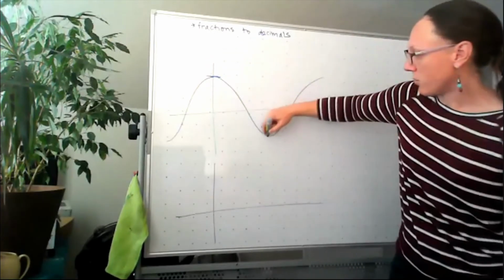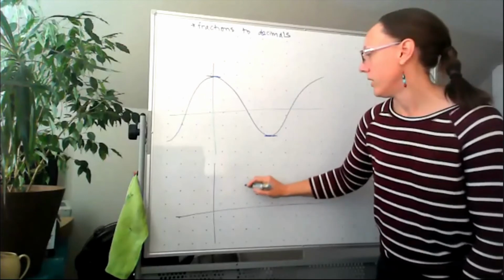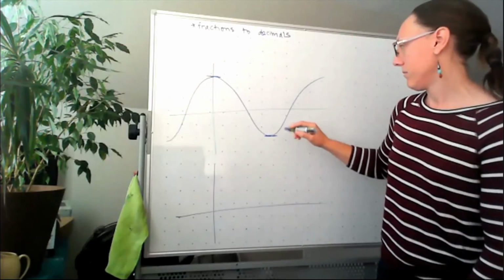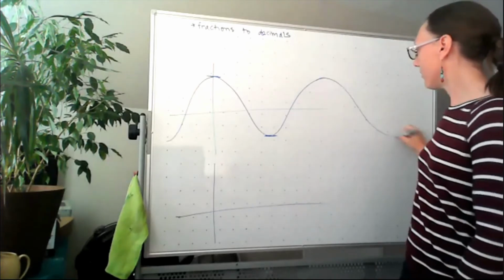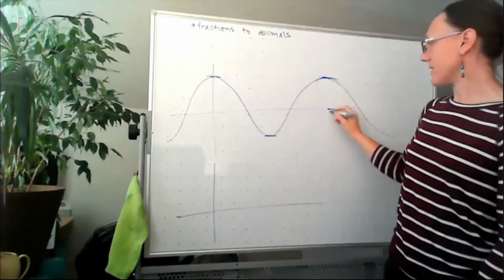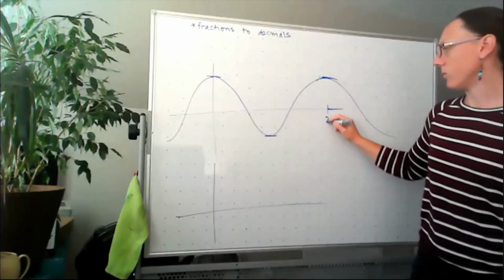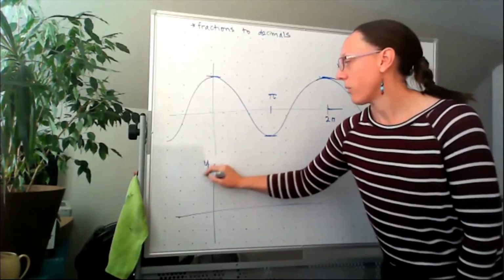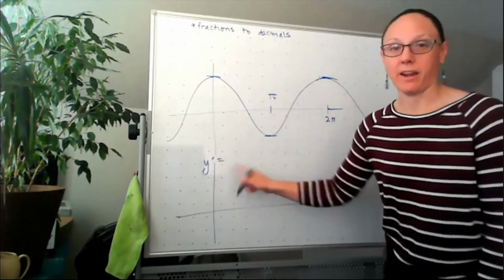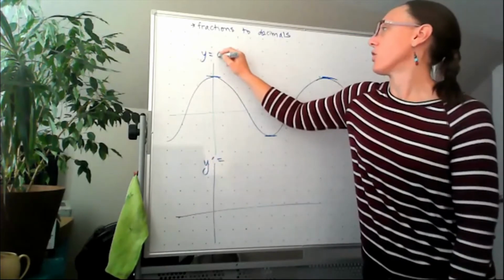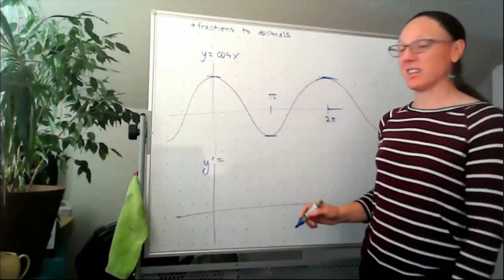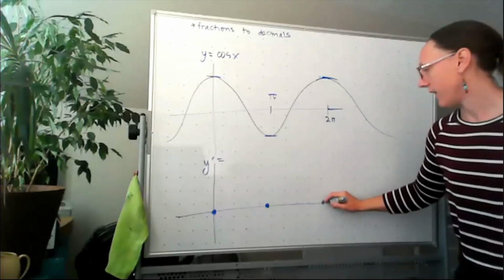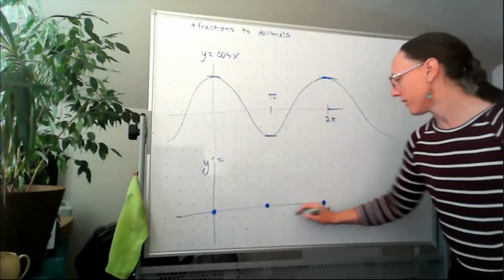I'm seeing slopes that should be 0. Should be 0 at 0, 2 pi, and pi. So if I were coming down here to write, if that's cosine of x, and I'm sketching this in, then I'd have zeros at 0, at pi, and at 2 pi.